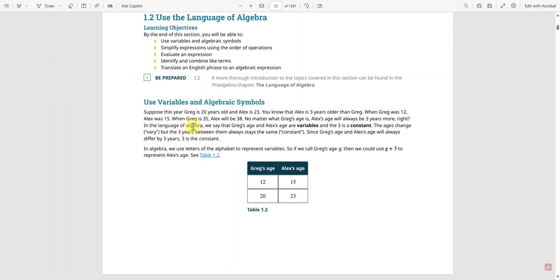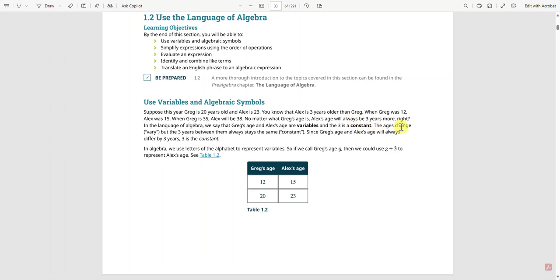In the language of algebra, we say that Greg's age and Alex's age are variables. What does that mean? It means that they can vary, they can change. But the number 3 is a constant.